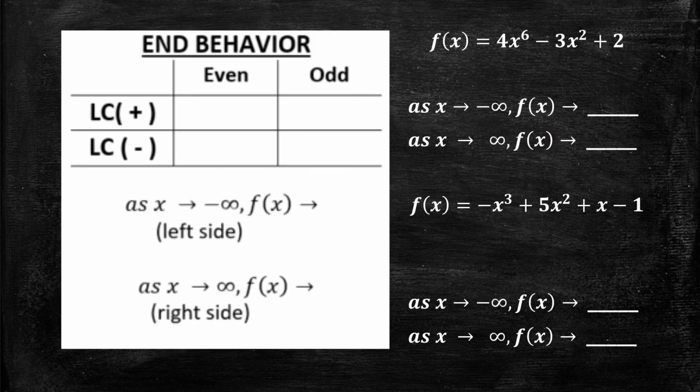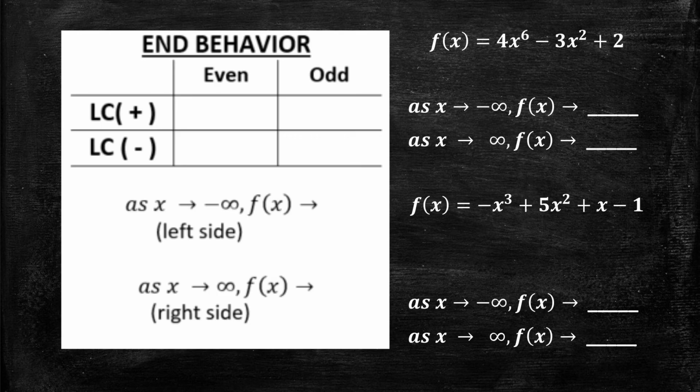Okay, in the last video we talked about end behavior, and so something that you'll understand more when you're looking at an actual equation is that the leading coefficient determines what happens on the right side. So the first thing you're going to do is identify what's happening on the right side.